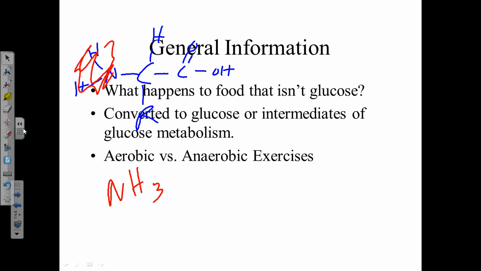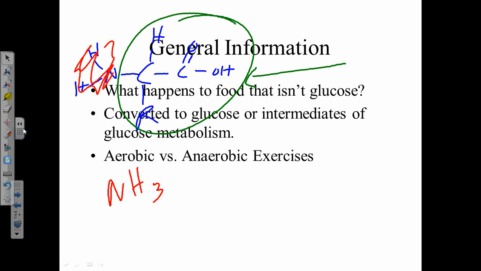But what's left behind is this. That is essentially what? It's two carbons. So it's an acetyl group. So that's going to skip glycolysis and go straight into what? Krebs cycle. So if we don't start with sugar, we may not start with glycolysis. We may start with Krebs cycle.